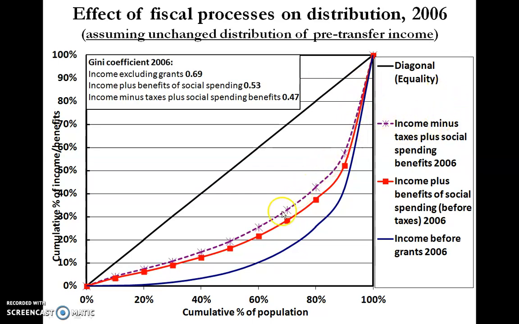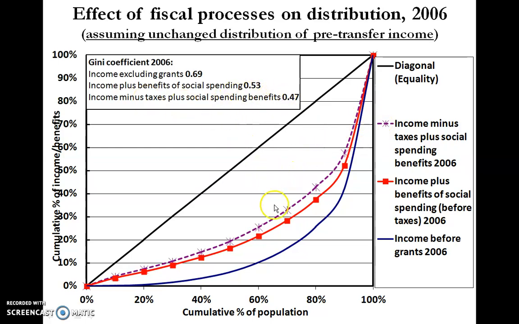If we look at the final Lorenz curve, which is this purple line, it's the closest one to the line of equality, and it shows how income is distributed after government has both taxed and spent on social spending. It has managed to bring about redistribution of income because the rich are now being taxed more and giving over to the poor, and there's social spending that's helping the poor, so that the secondary income looks different.